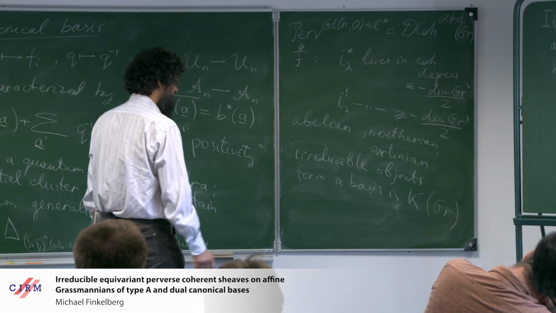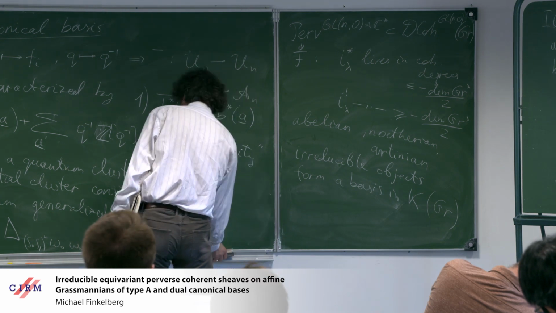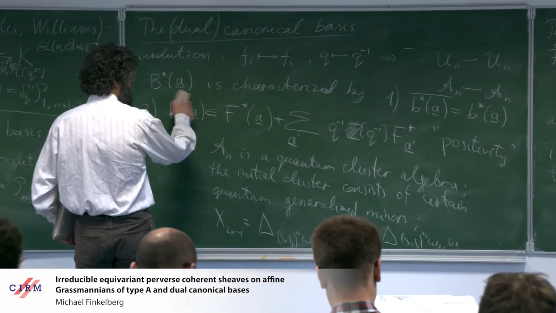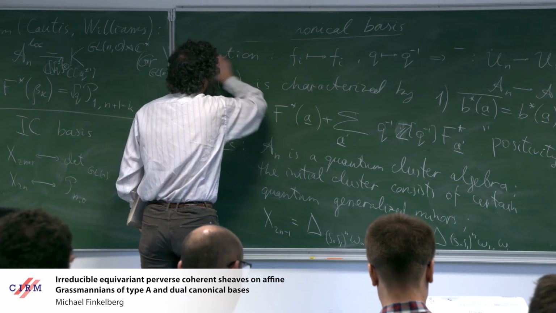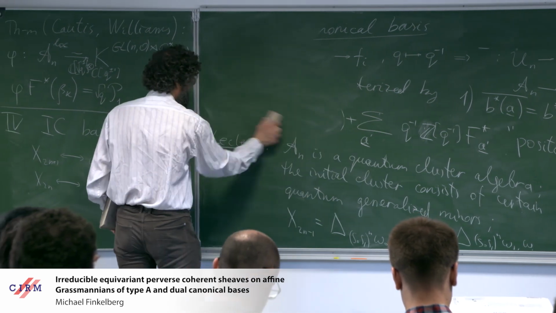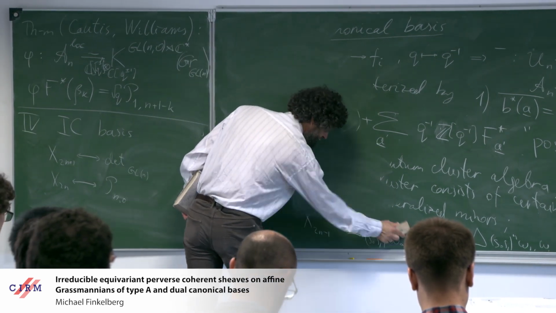Okay, and what are they numbered by? Well, they are numbered by the irreducible vector bundles on GO orbits.